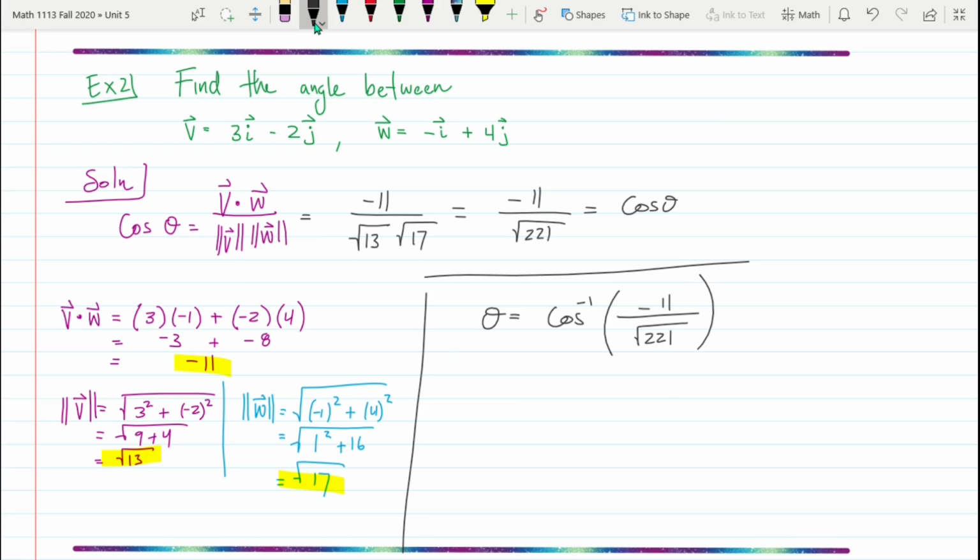Okay. Put that in the calculator. And since we don't see any pi or anything around here, make sure your calculator is in degrees. And so theta is then going to be roughly 137.7 degrees.